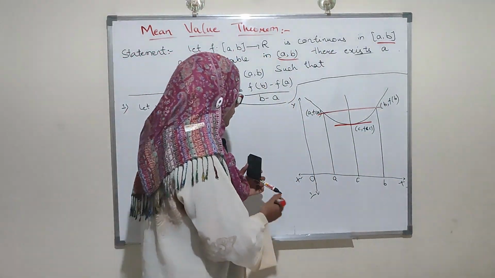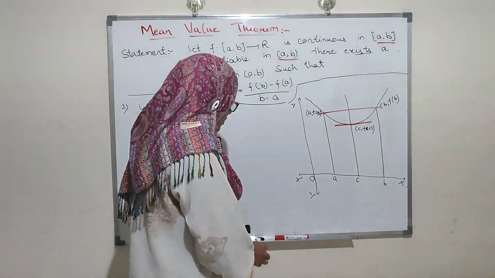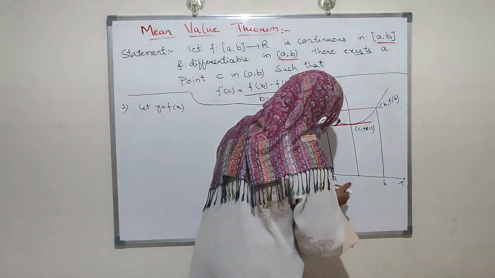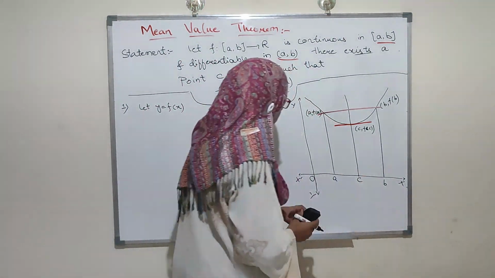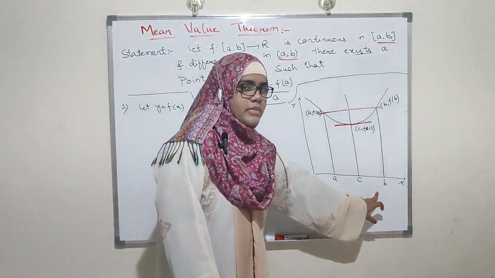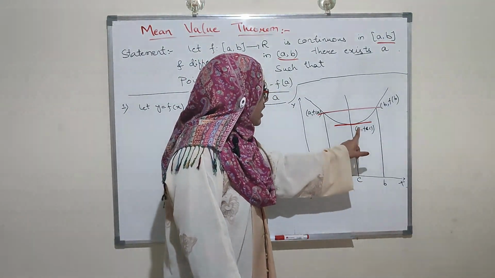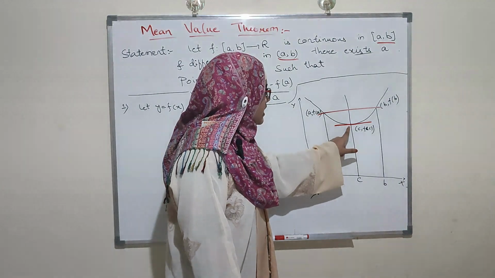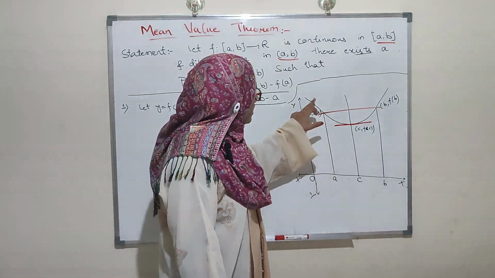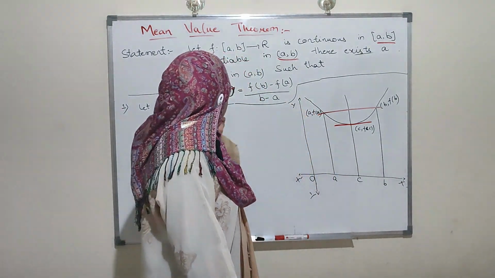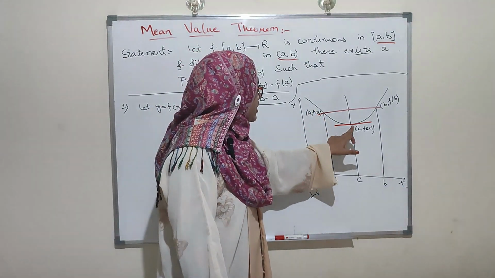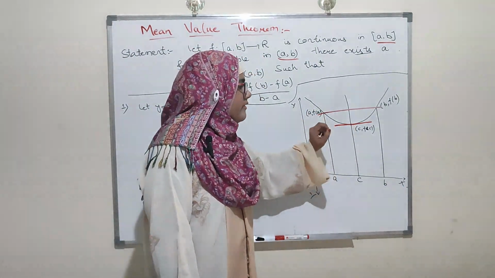Between points A and B there exists a point C, and this is the line which touches the parabolic curve. This is known as a tangent to the curve.